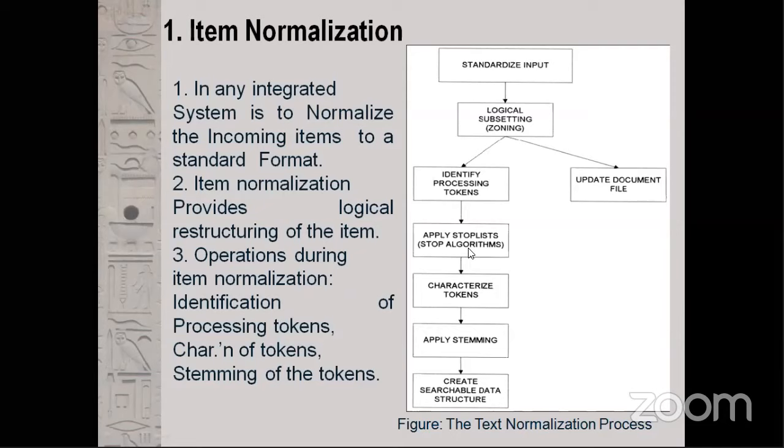Okay, like that we have different types of structures for our textual data here. We need to take all the textual information into one standard format. That standard format may be your ASCII code conversion. If I'm using ASCII code, it is an 8-bit representation for your data values.